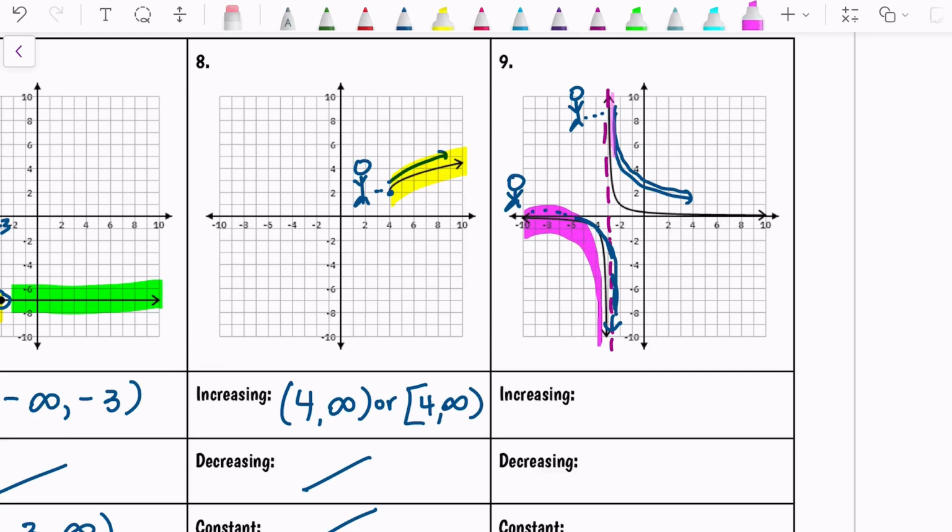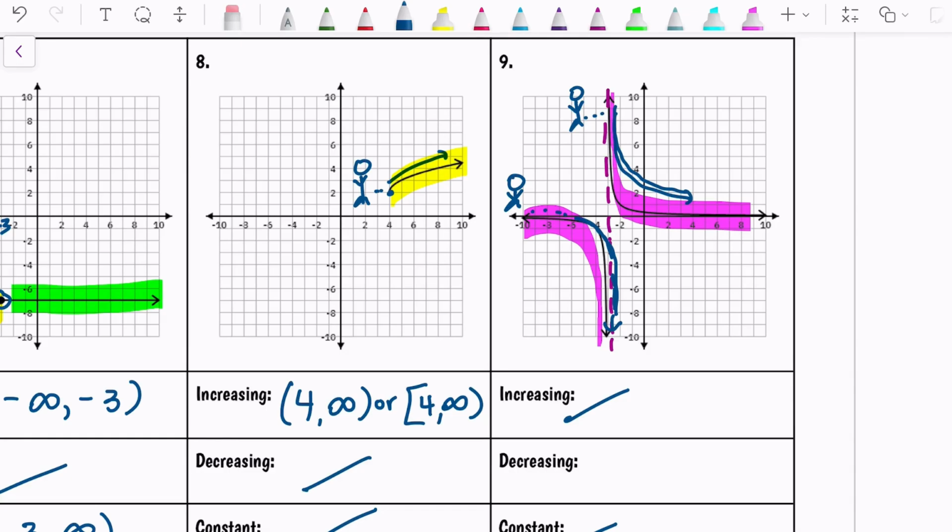So it's always decreasing. And it does go left and right forever because of those arrows, but it's never going to be -3. So the way we write this is never increasing. It's never constant. It's always decreasing. I know it looks flat, but it's really just continuing to decrease by really small fractions.